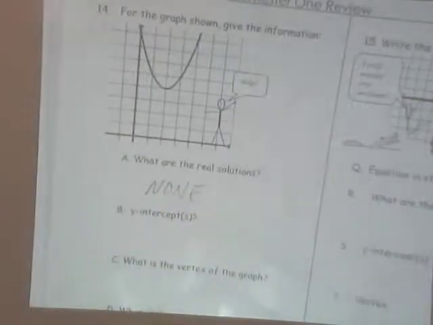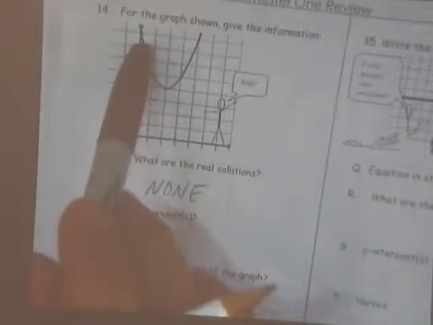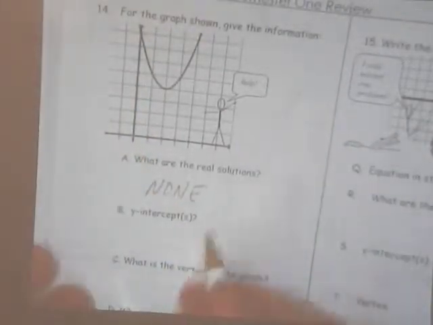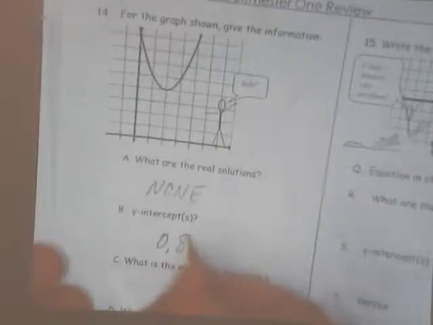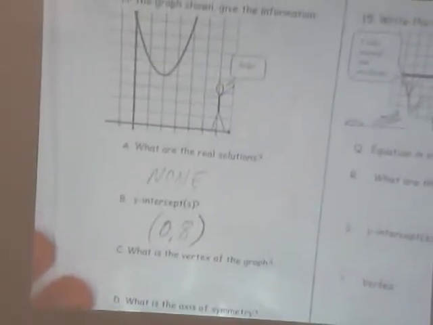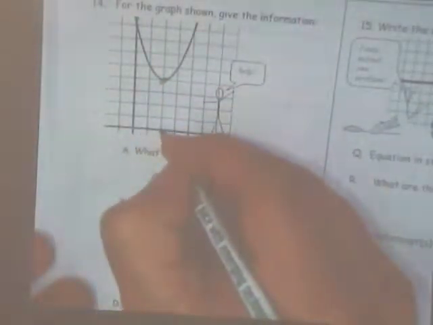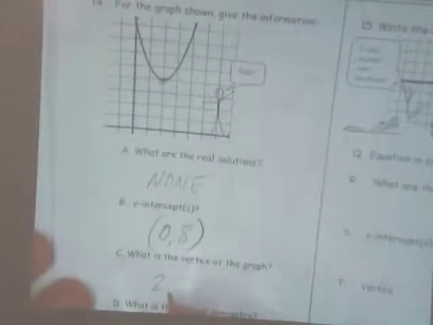Very good. Y-intercept? 1, 2, 3, 4, 5, 6, 7, 8. Looks like 8. Vertex? Looks like 2, 4.